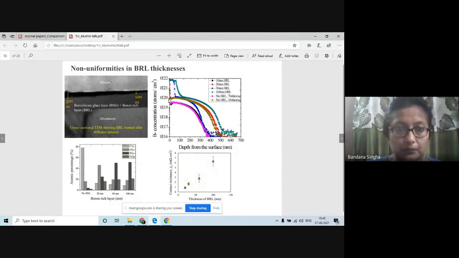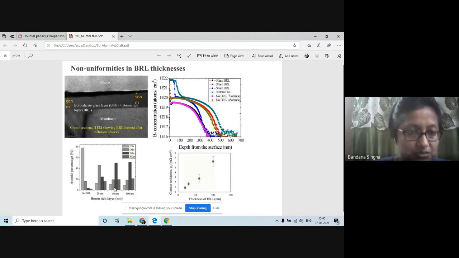Generally, on the emitter surface, the concentration is 8 or 9 to the power 19. But when the precipitates are present, then the concentration goes up to the order of 10 to the power 22. And when we analyze the boron rich layer, the constituents of the boron rich layer actually vary depending on its thickness.